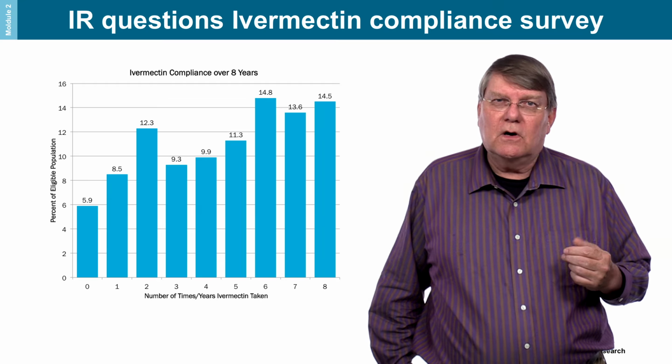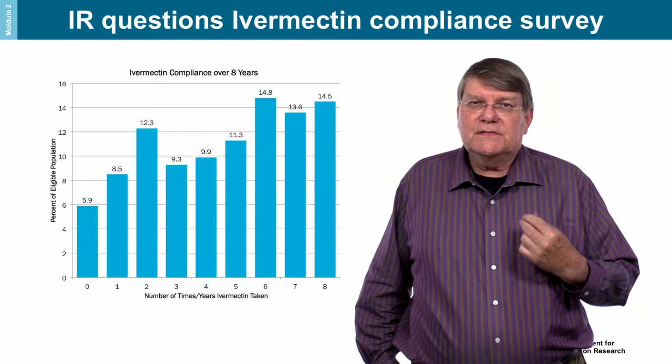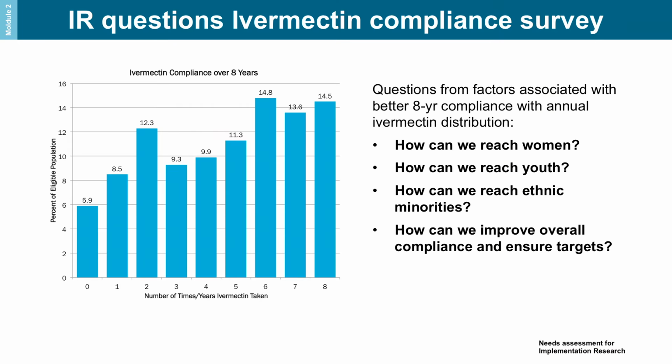And as you recall, we did identify some particular groups at risk. So the question is, in these years leading up to the 2020s, when we hope to eliminate the disease, what interventions can we do to make it easier to reach certain segments of the population that are less likely to comply? So basically, how can we reach women?